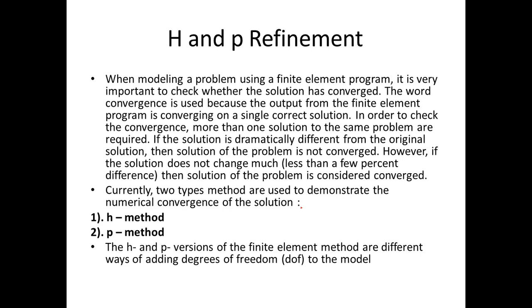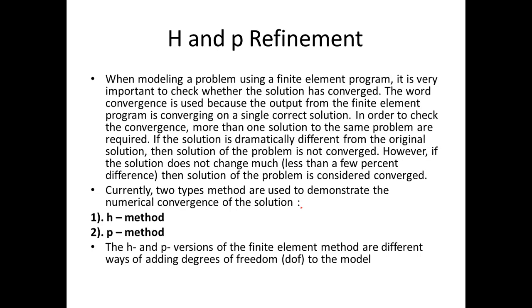If the number of elements is lower, suppose one part is divided into only 5 elements and the same part is divided into 10 elements, then the 10 element part has a more accurate solution than the 5 element one, right? If the element count is more, then you can get a more accurate solution, right?